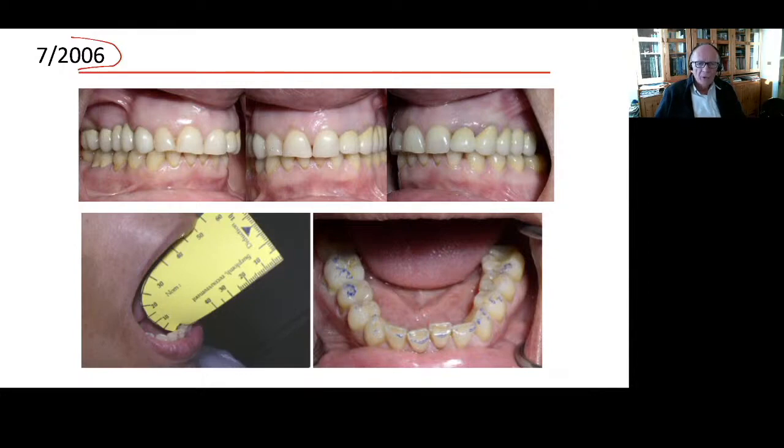And the patient opened 45 millimeters without pain, even though she had a strong osteoarthrosis.